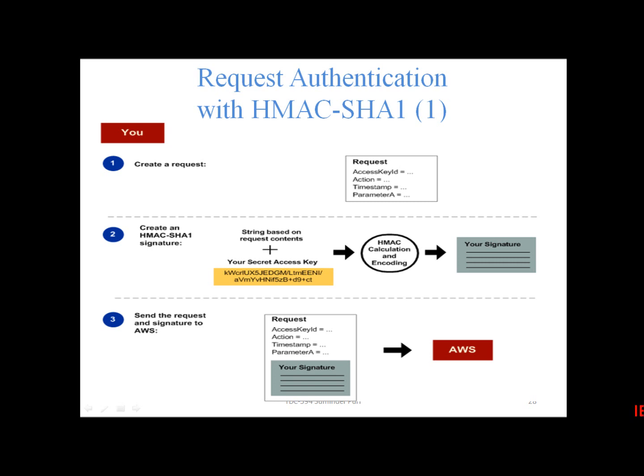What they do is, based on the request contents and your secret key, there is a calculation through which it generates your own signature. And this signature is then sent to AWS. And what does AWS do?